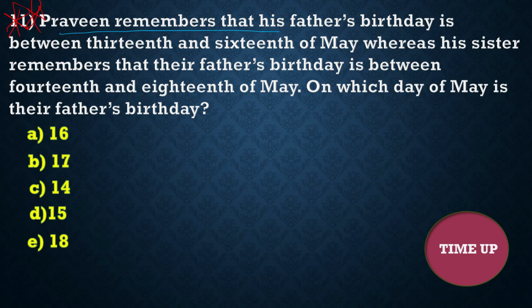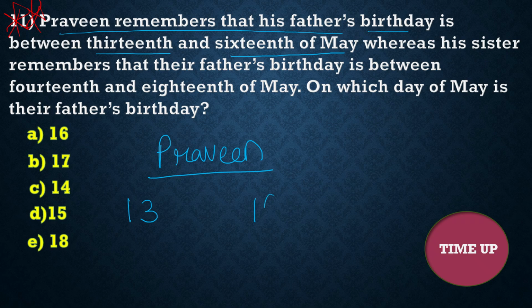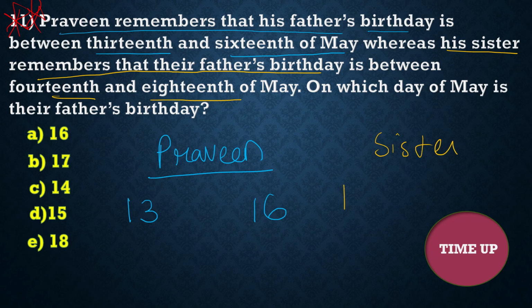Praveen remembers that his father's birthday is between 13th and 16th of May, whereas his sister remembers that their father's birthday is between 14th and 18th of May.